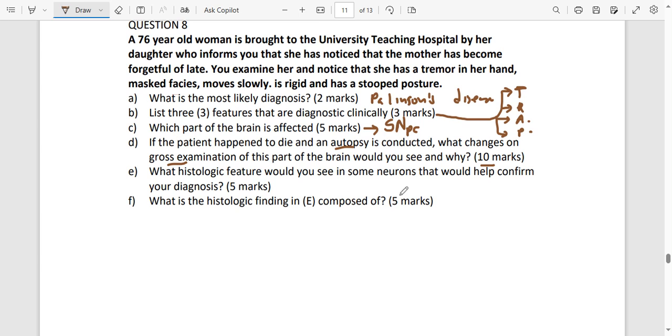Thank you so much. Basically that. And what would you see? What's the question saying? And why? So what would you see and why? There's going to be paleness of the substantia nigra pars compacta or the basal ganglia. There's going to be paleness.